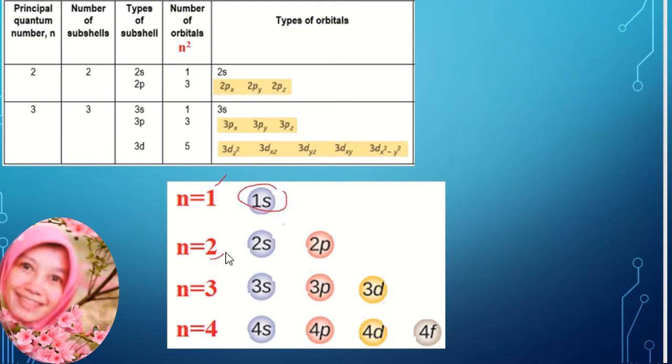When n equals 2, there are 2s and 2p orbitals. When n equals 3, 3 types of orbitals: 3s, 3p, 3d. If n is 4, there are 4 types of orbitals: 4s, 4p, 4d, 4f. That's the main idea you must have first.